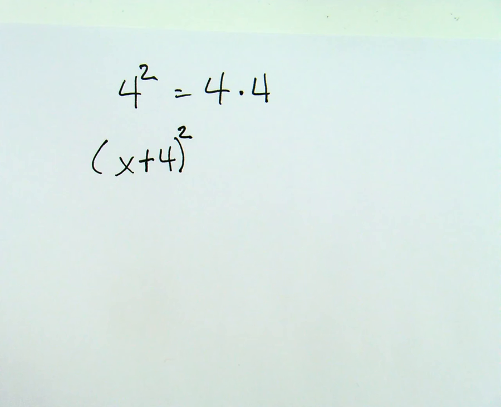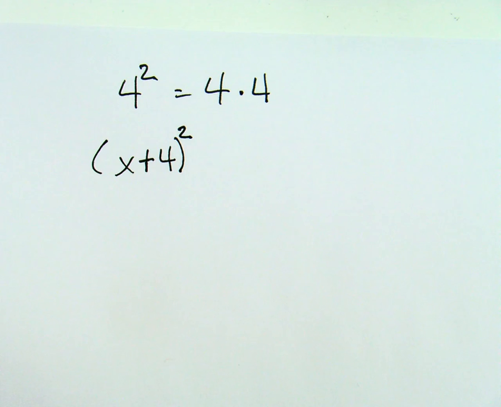What am I supposed to do with that? Pray tell. Okay, what I'm supposed to do is write the entire base 2 times and multiply. So that would be x plus 4 times x plus 4. Then I go ahead and multiply it out like we've just been talking about. I'll get x squared plus 4x plus 4x plus 16. And then I'll get x squared plus 8x plus 16.